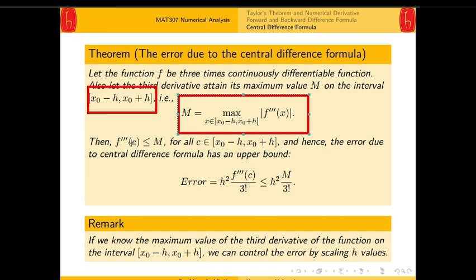Then we say for some c, for all c values in this interval, the third derivative will be less than or equal to M, because M is the maximum value.